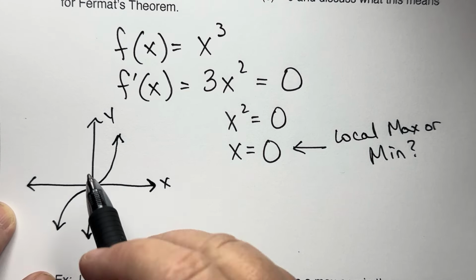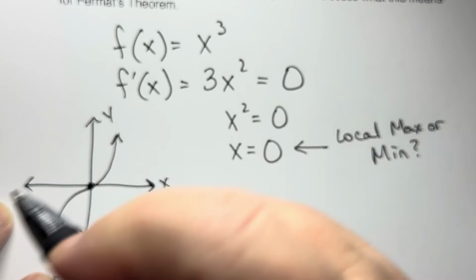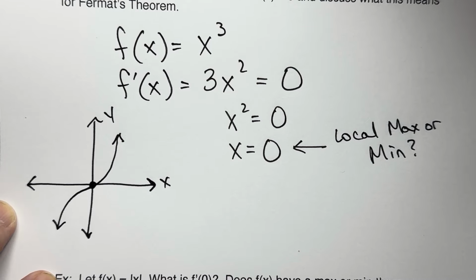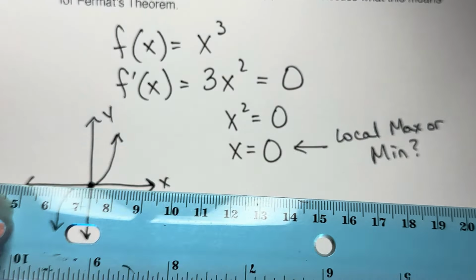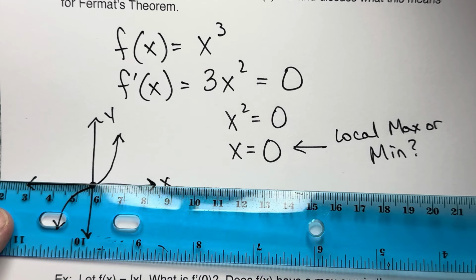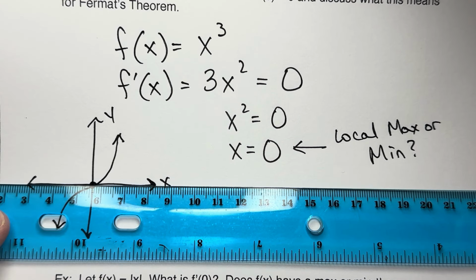What is happening at x equals 0? Is that a local max or a local min? And the answer is, well, why is the slope 0?